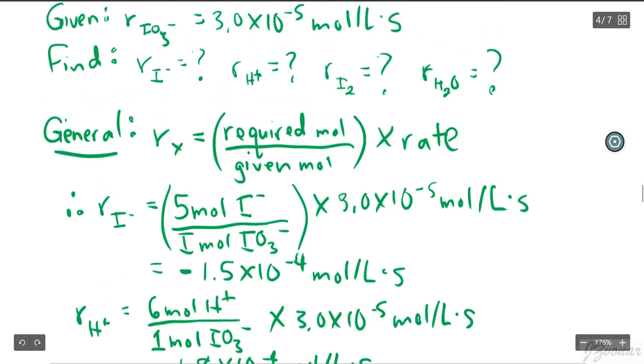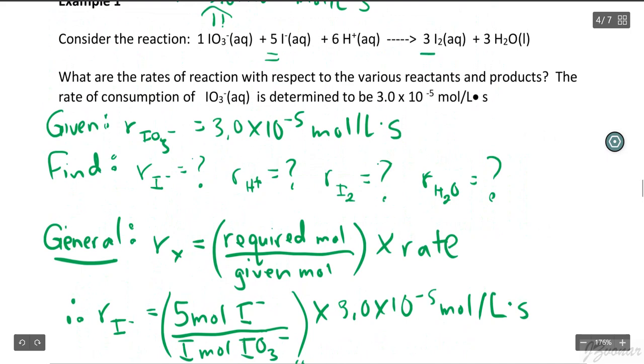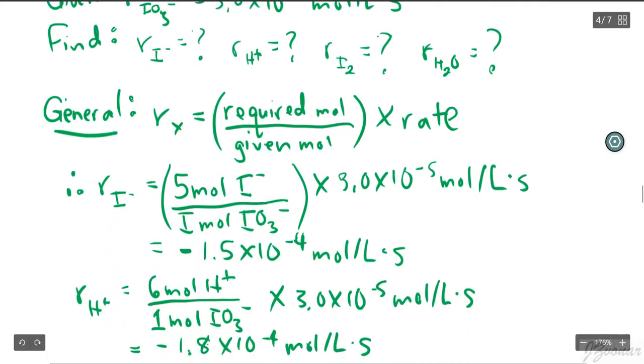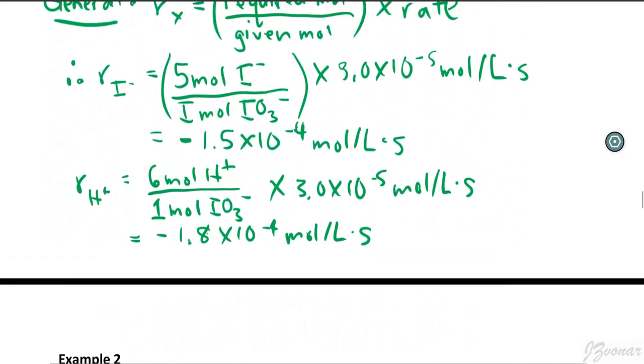And lastly, if I'm looking at the last two that I need to find, I notice that they have the same mole ratio of 3 moles of iodine and water. So both numbers are going to be numerically equal. So I am going to write here that the rate of H2O is going to equal the rate of iodine as well.